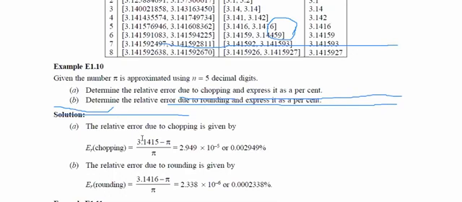So what they have done, they have chopped 1415. They have taken only 1415, whereas the number is more than this. There are several digits which are left after the decimal. So this is chopping off. The relative error due to rounding is given by this.